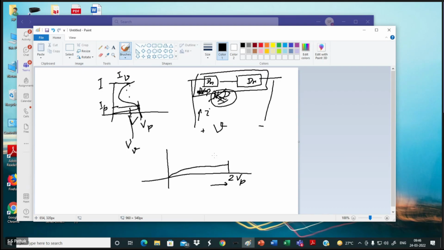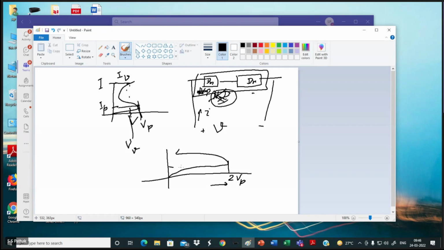When it has become 2 VP, that means VP appears here and VP appears here, so both of them will fire. As a result, the current will become something like that. Will the current increase at all? No, the current will not increase, because the same current is flowing through both.